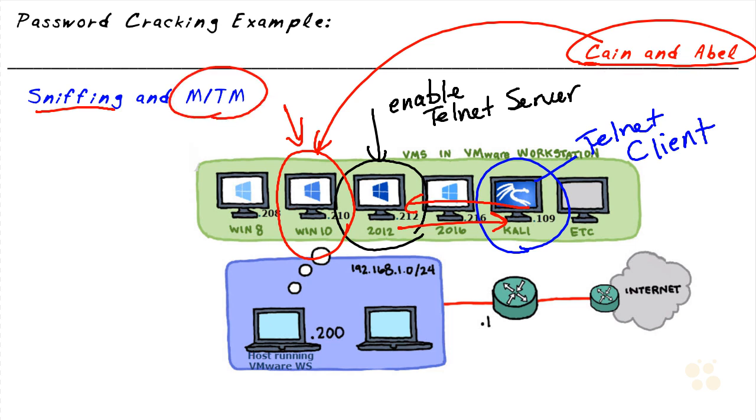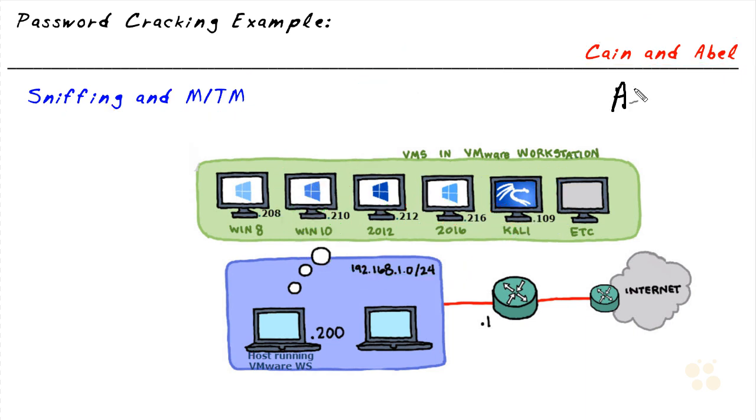So in reality, the traffic the Kali box is sending to the server is actually going to our Windows 10 machine, which then routes it over to the Windows 2012 server. And when the 2012 server responds, it's actually sending the packets, more specifically the frames, over to Windows 10, and then Windows 10, after it has a nice look at that, can reroute it back to the Kali box.